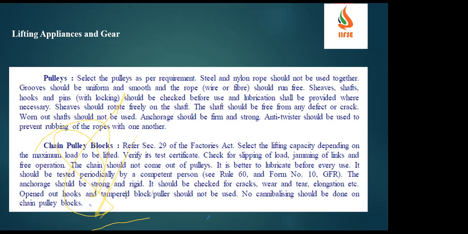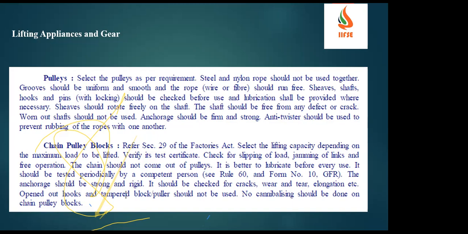Wherever you are using any hooks and pins, they should check whether the lubrication is done properly or not. The sheave should rotate freely on the shaft, and the shaft should be free from any defect or crack. Worn out shafts should not be used, and the anchorage should be firm and strong.